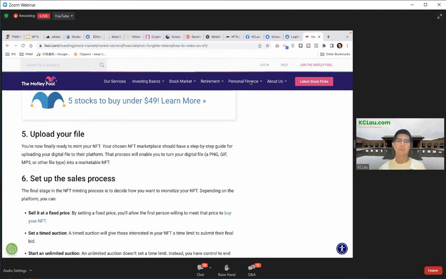But with NFT, when you buy an NFT, you own the asset, which is the NFT, and the NFT doesn't turn out any income, right? It's not a business. It's just a piece of thing. It's just stuff. Just like you buy a car, a book, or a pen. It's just a thing.